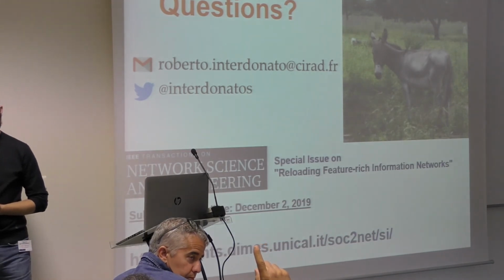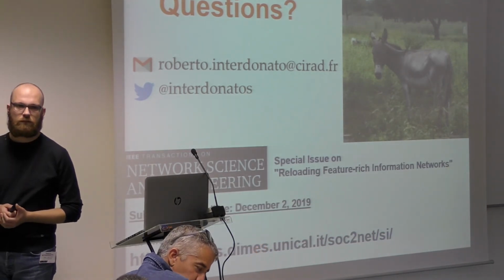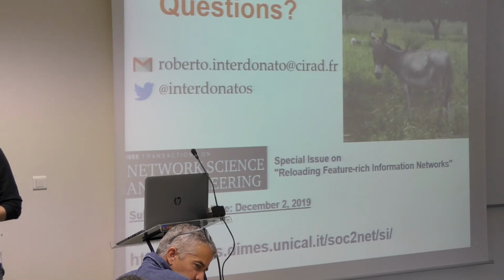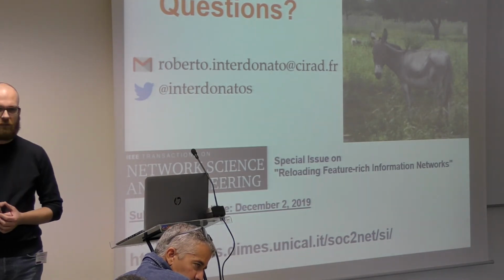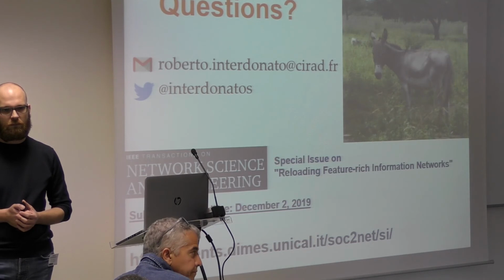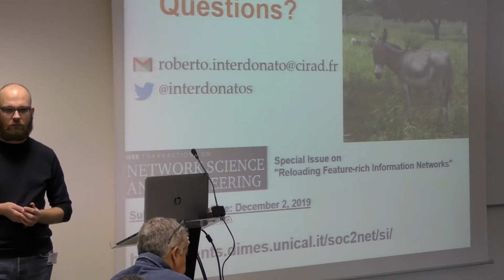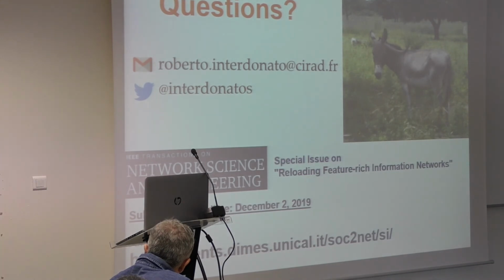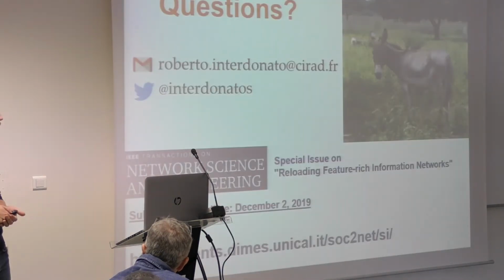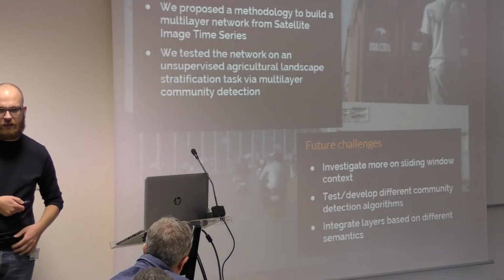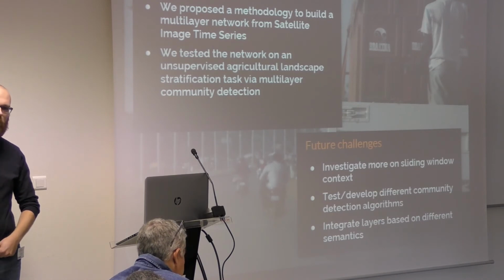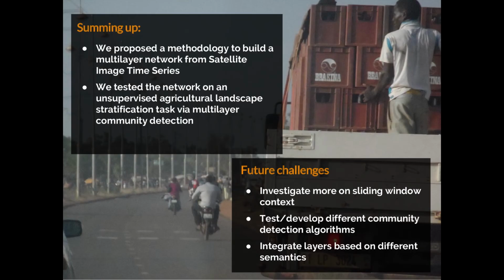I have another question. Because your images are very noisy, you just skip the segmentation, but all your stuff is very dependent on your first segmentation, no? Yes and no. The segmentation is easy because the images are pre-processed to eliminate the noisy effects which come from clouds and stuff like that.